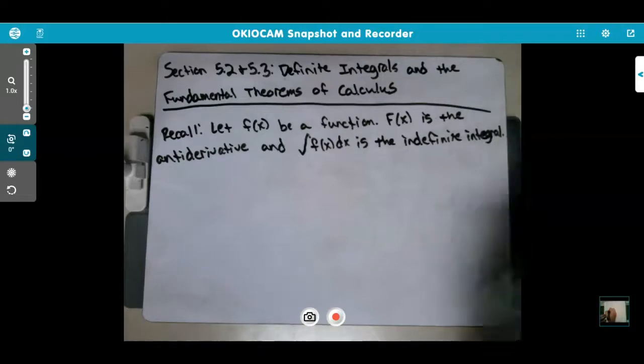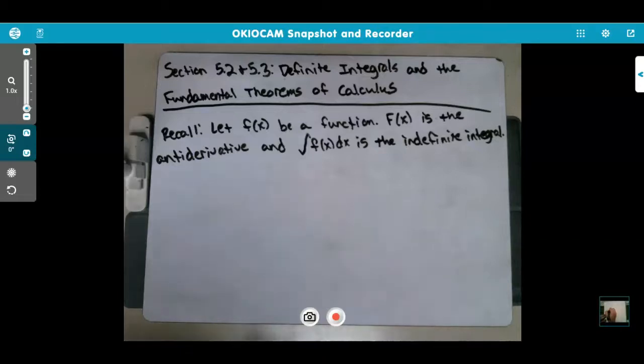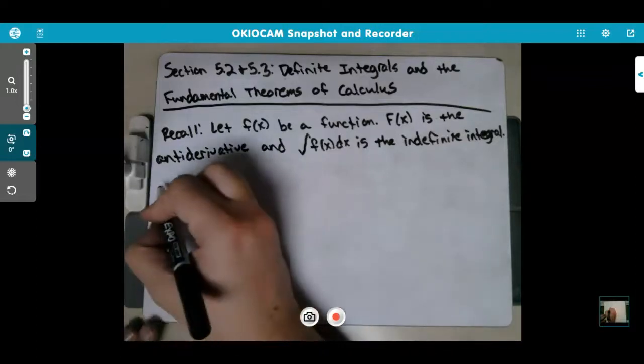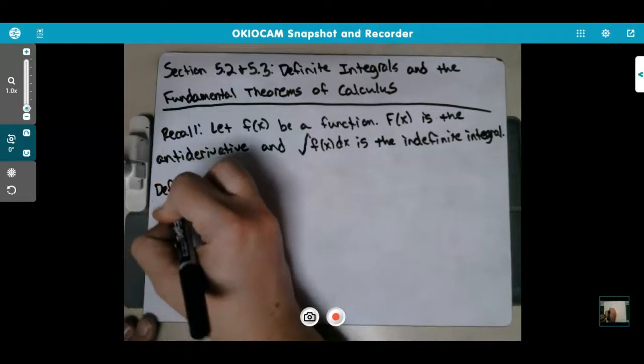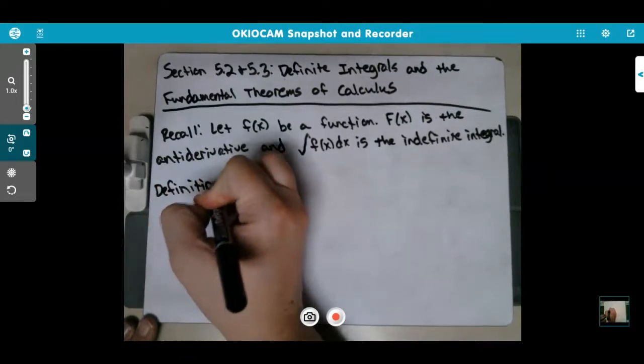Again, this is what we did in section 4.10, and pretty much what we said was that this was the derivative, but backwards, right?